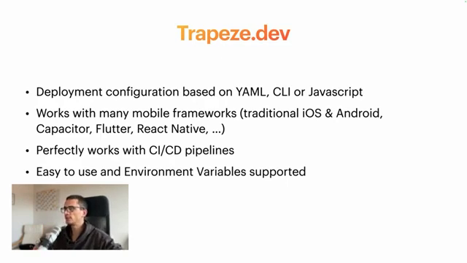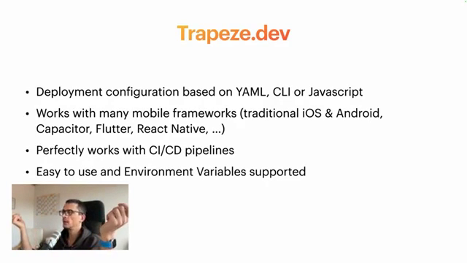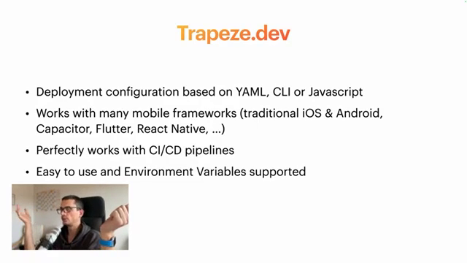And it works perfectly on CI and CD pipelines. So if you already have your application running through CI and CD pipelines and deploying there, you can integrate Trapeze there, for example for the build number or the version number itself, setting plists, or if you'd like to inject some strings or configuration options during the build process.